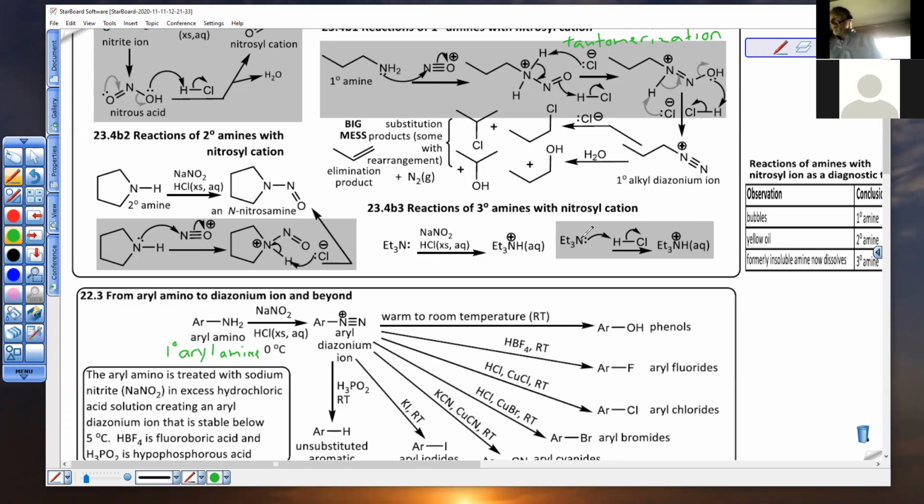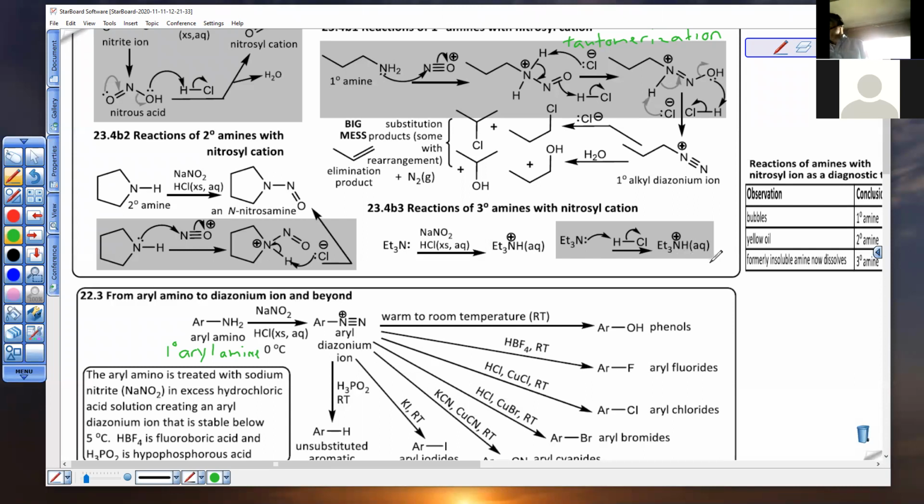And typically, tertiary amines are not water soluble. They can hydrogen bond with the water, but only as an acceptor. They don't have a hydrogen bond to donate to water. So they're not usually water soluble. But ammonium ions are very often water soluble because they're ions, and that enhances their water solubility.